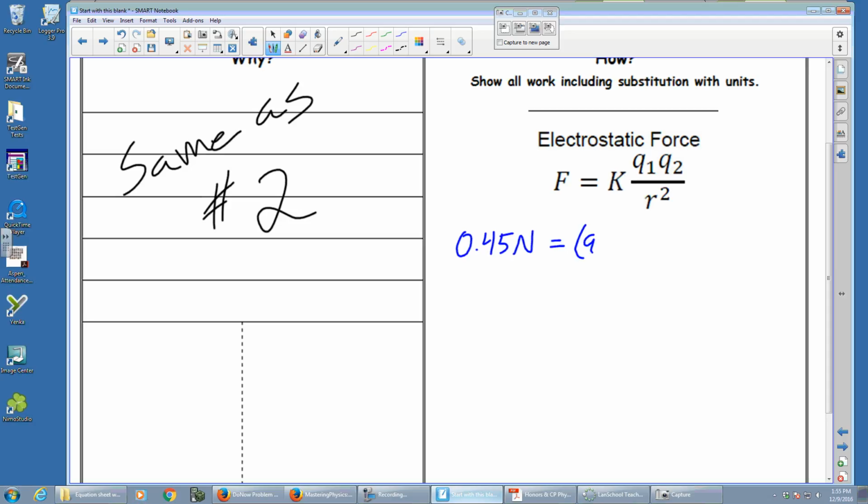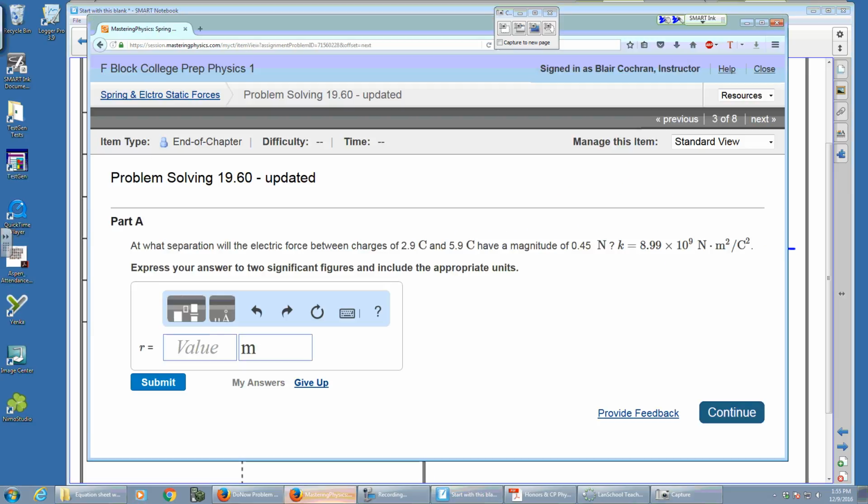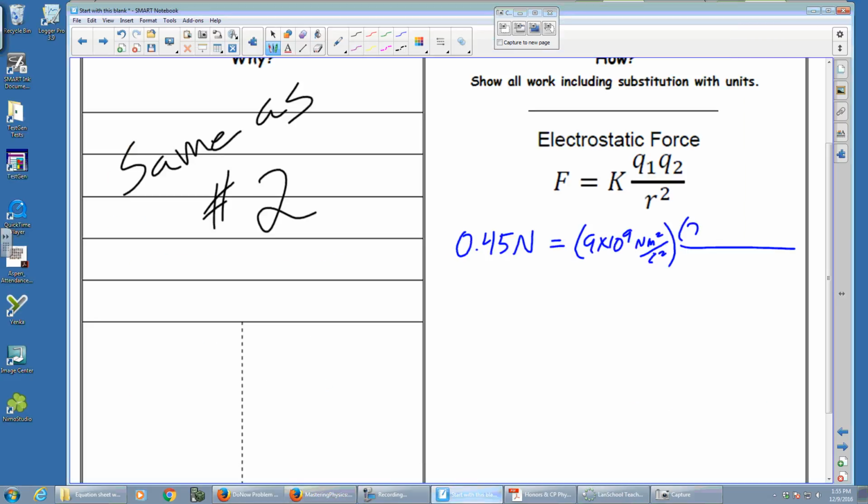Equals, then K is 9 times 10 to the 9th Newton meter squared per Coulomb squared. Q1. Which one should I use for Q1? The first one, because does it matter? Nope.